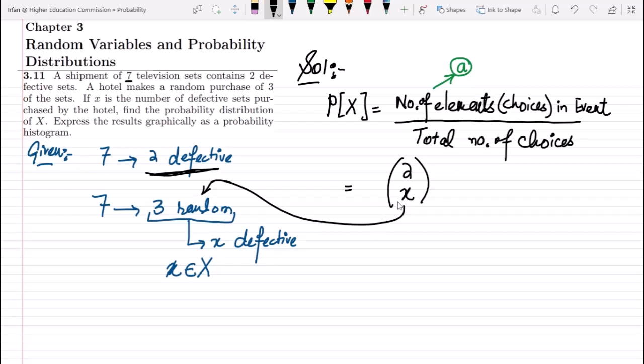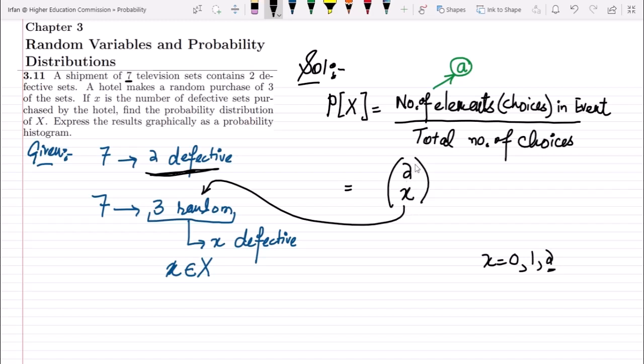So X can be either 0, 1 or 2, because it cannot exceed 2, as there are only 2 defective items, but I have to select 3. So it can either be 0 defective items or 1 or 2 defective items.